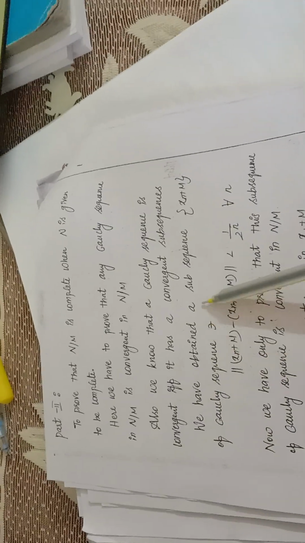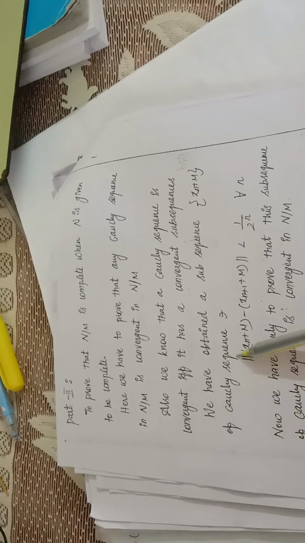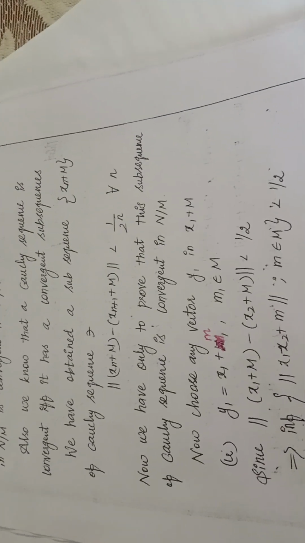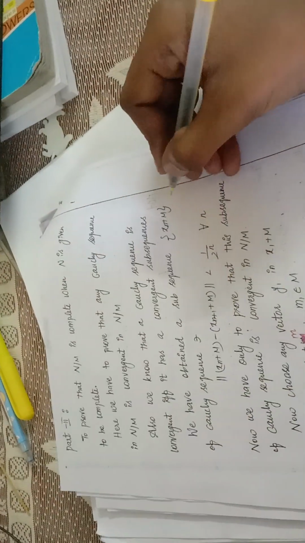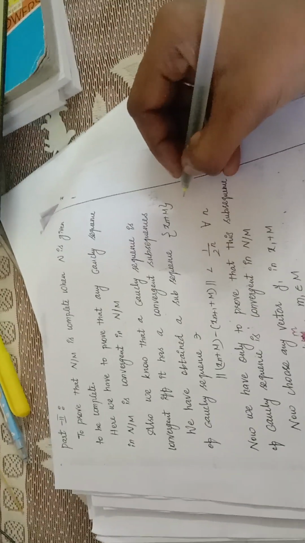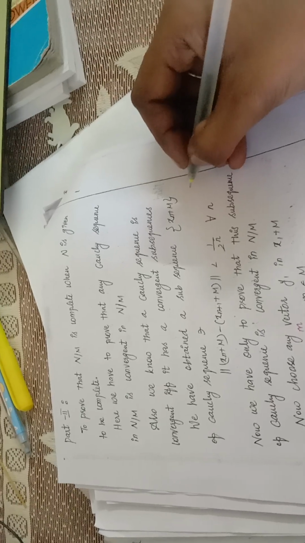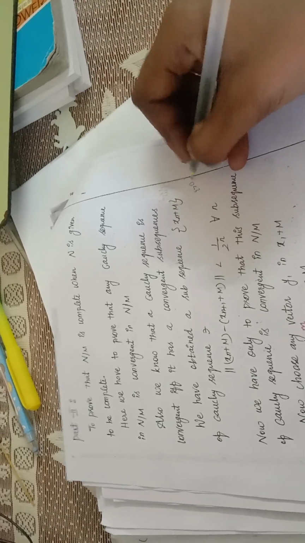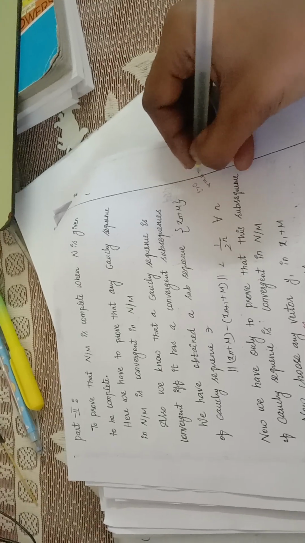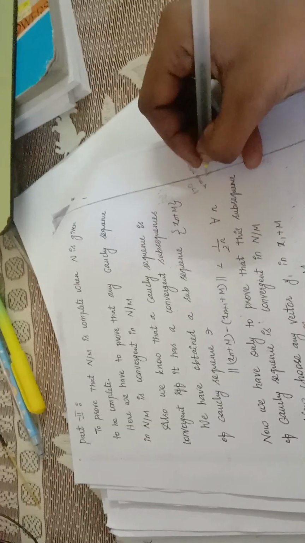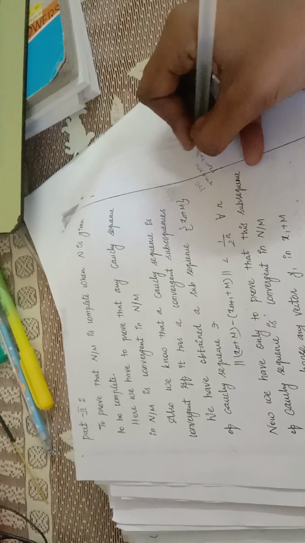So we have to obtain the subsequence. Let xn plus M be a Cauchy subsequence such that the norm of xn plus M minus x(n+1) plus M is less than or equal to 1 by 2 power n. Since the sequence xn is Cauchy, for given epsilon greater than 0, for all m, n greater than or equal to n naught, the norm of xm minus xn is less than epsilon.